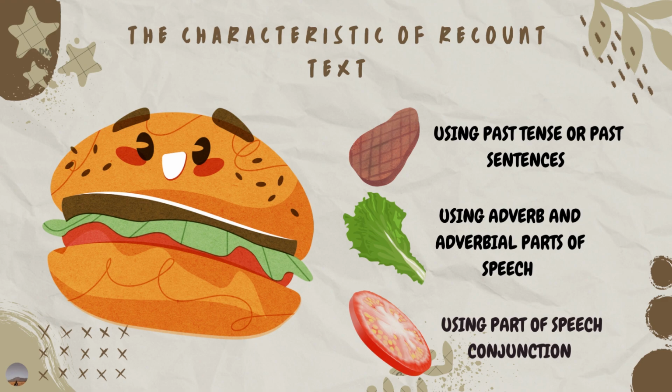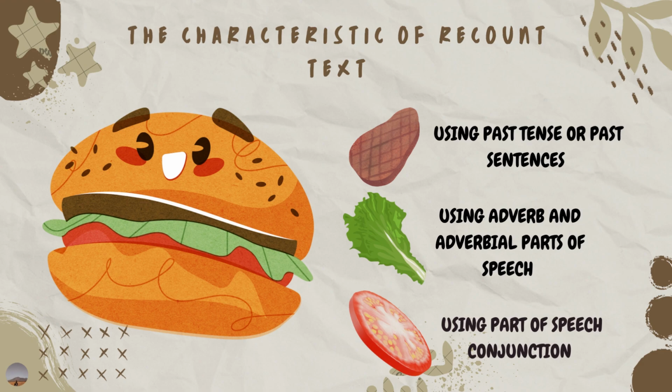The first characteristic of recount text is using past tense or past sentences, such as the use of Verb 2, such as went, woke up, departed, burned, ate, and so on.